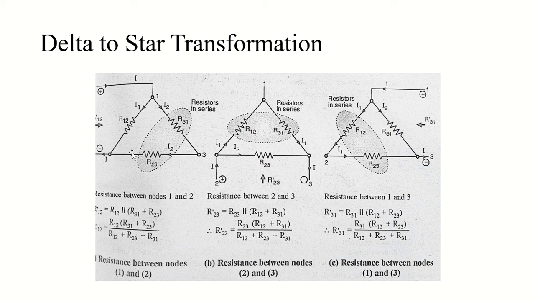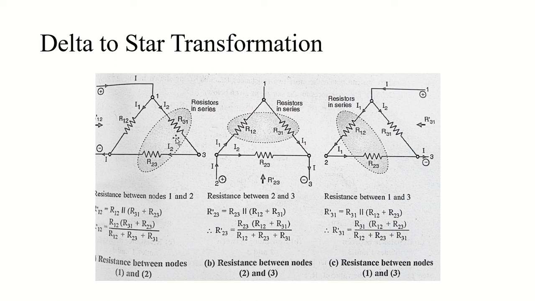As the connection is taken here and nothing is connected at node 3, can't we say that R23 and R31 are in series with each other? So they will simply be added up, and they are both in parallel with R12. So we can write R12 parallel with R31 plus R23.